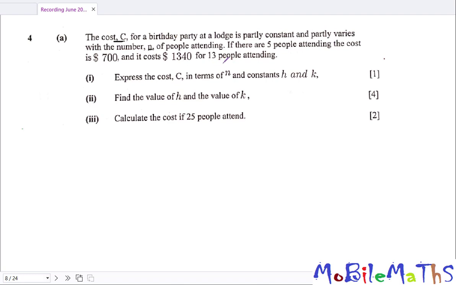And then if there are 13 people attending, the cost is that. First question, express the cost C in terms of n, constant h, and k. So they even gave us the constants. Okay, so for this, we are going to say C is equal to h plus kn.